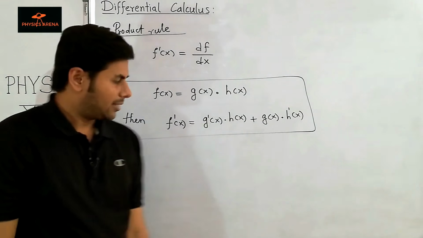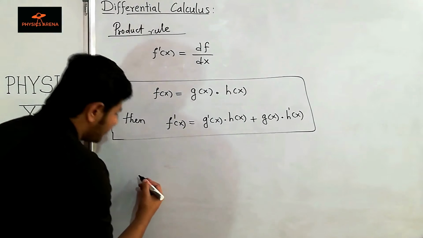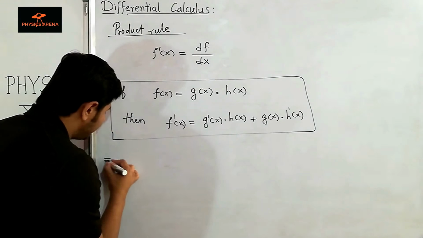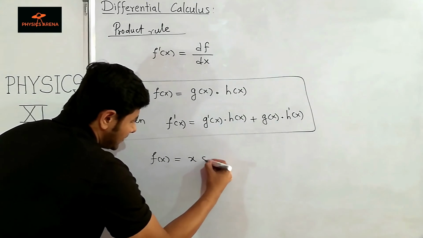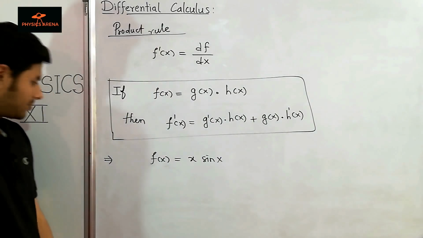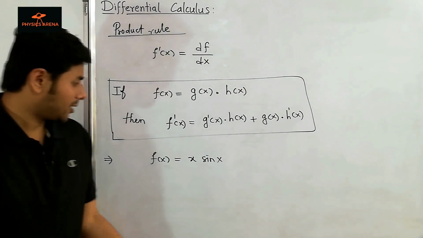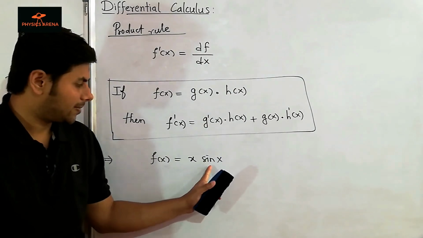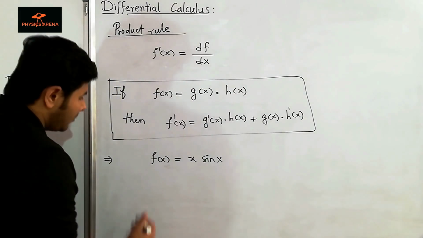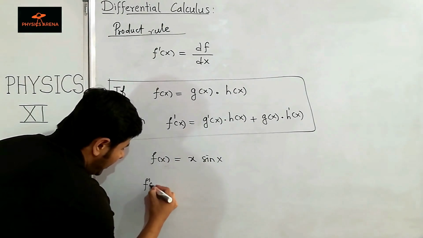So let's take an example of product rule. So suppose f of x equals x sin x. So here clearly g of x is x and h of x is sin x. So what will be f prime x?